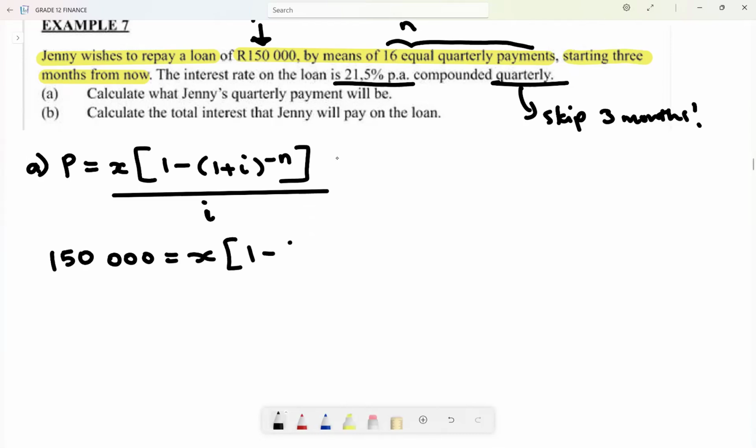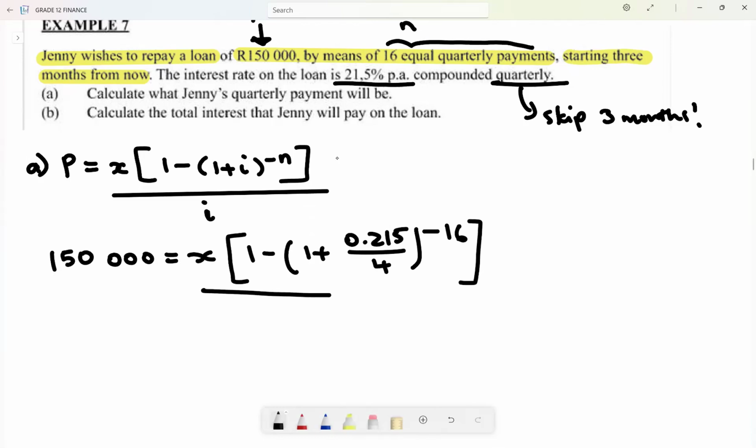And then 1 minus 1 plus the interest, which is 21.5 rather, you need to divide that by 100 first, which is 0.215. And then divide that by how much? Quarterly, it is 4. Remember that. Quarterly, it is 4. And then we are already told that there are 16 equal payments, so 16. But remember, negative 16.